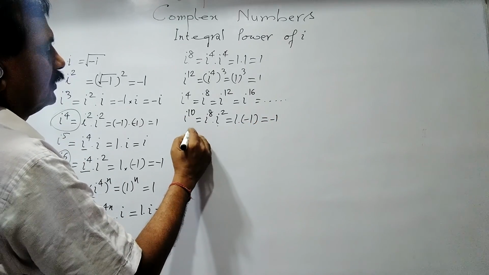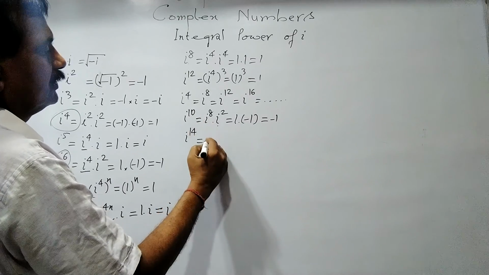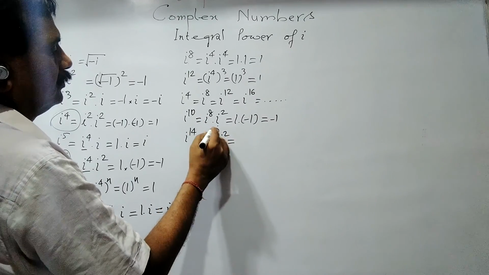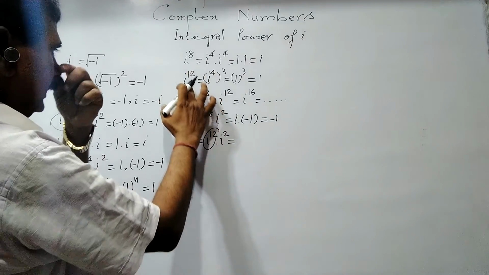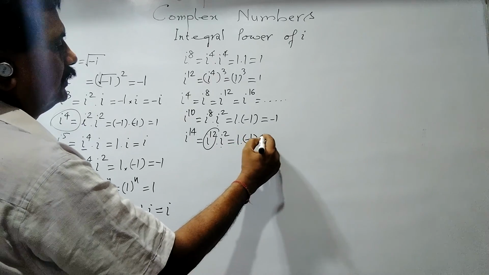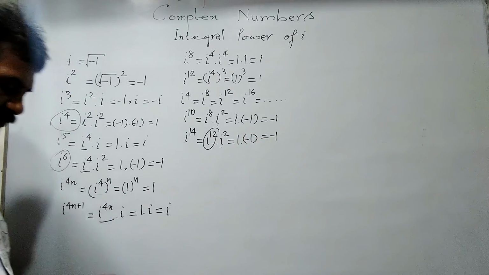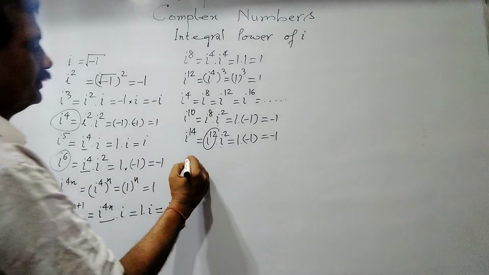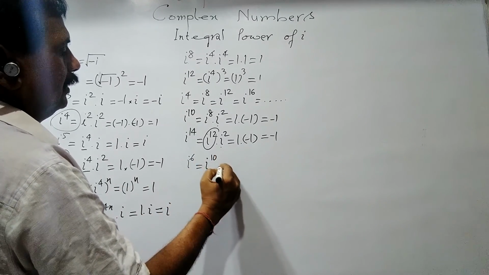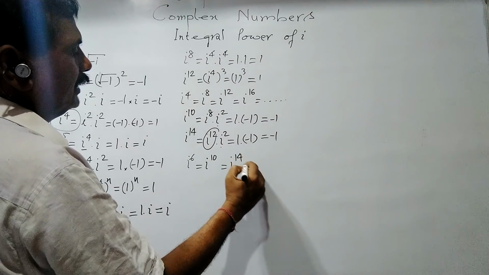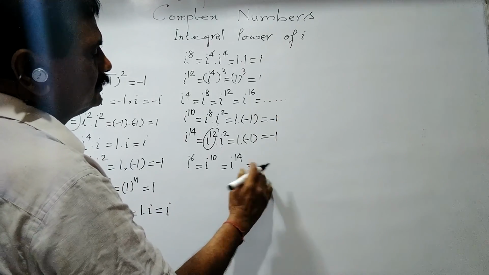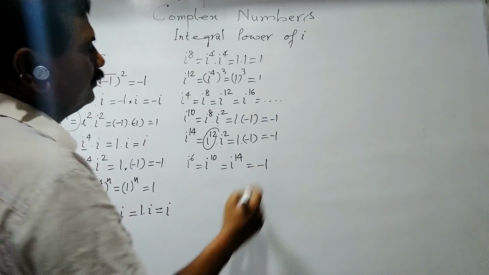Let us take i14. i14 is what? i to the power 12 into i square. i to the power 12 is 1 and i square is minus 1, that is minus 1. Then what we observe? We observe that i to the power 6, i to the power 10, i to the power 14, like this, is equal to minus 1.